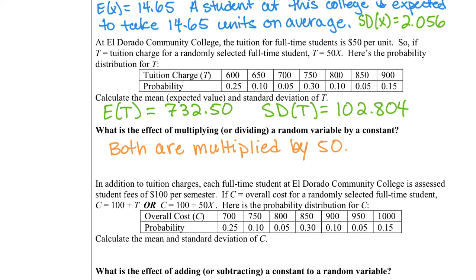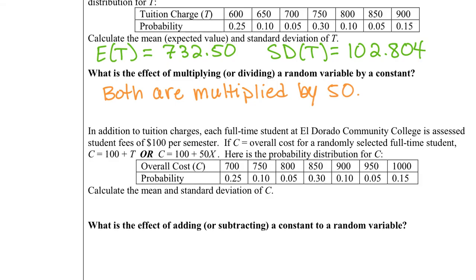We're going to do the same thing in the next one. This time we've got some extra student fees now of $100. So we're going to do either $100 plus the T, which was our tuition cost, or you could do $100 plus 50 times the number of units.